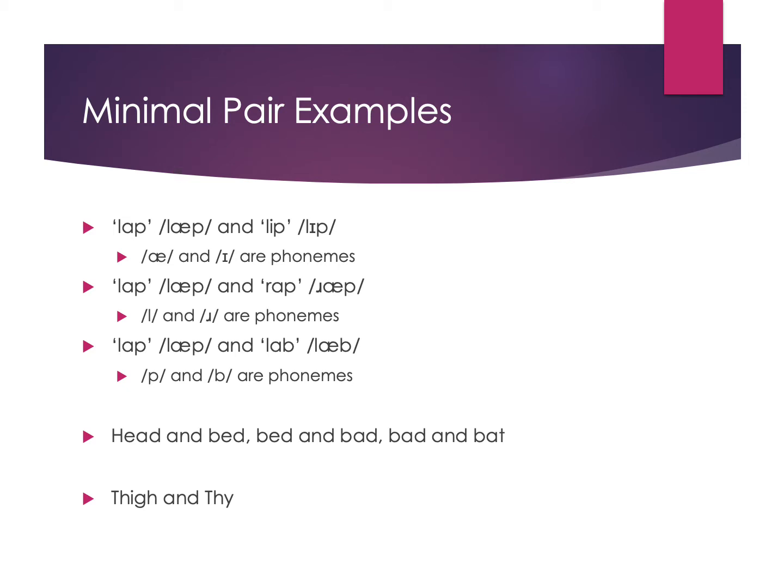So again, spelling doesn't help. We want to look at the phonetic realizations of them, but that first sound is the only distinction, and it creates a different word. So these would be minimal pairs and show us that the voiced and voiceless versions of our interdental fricatives are separate phonemes in English.